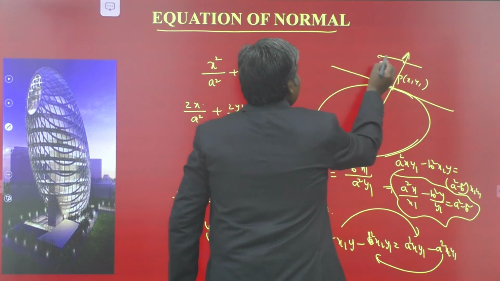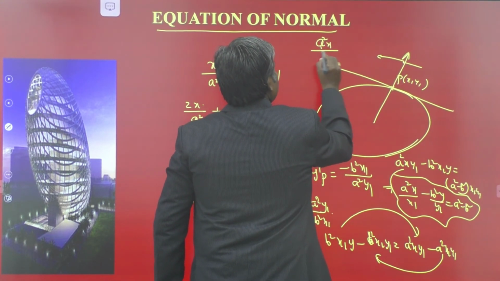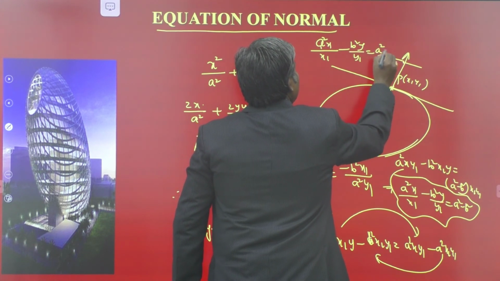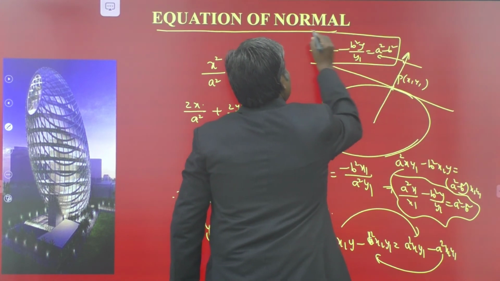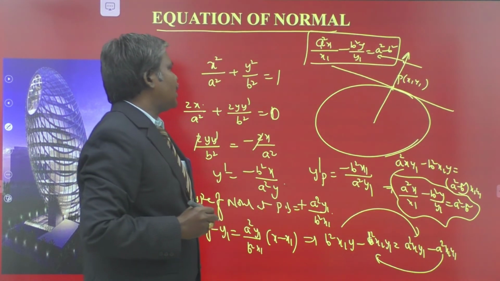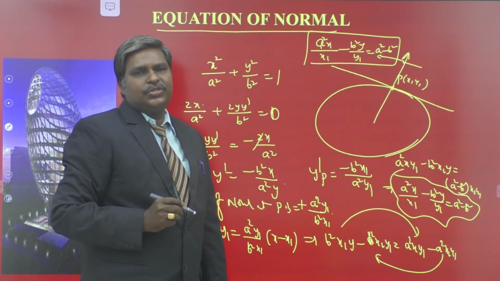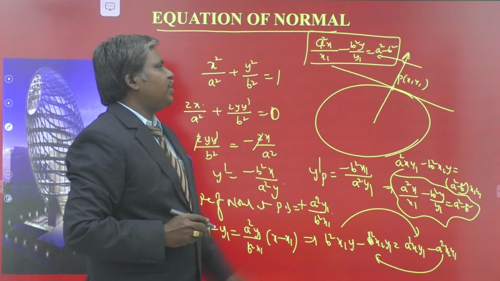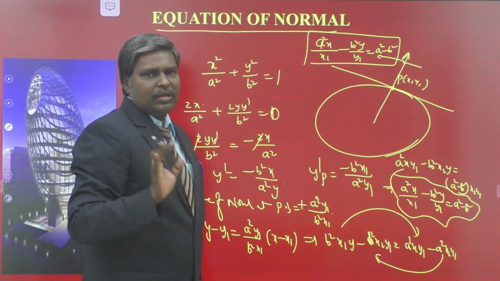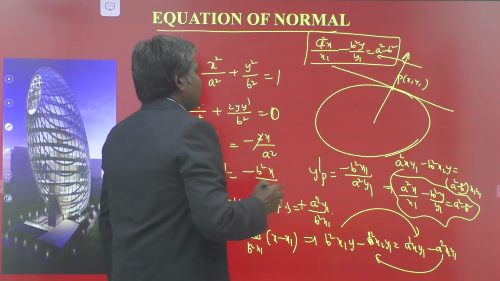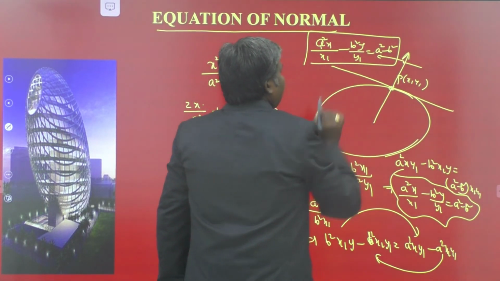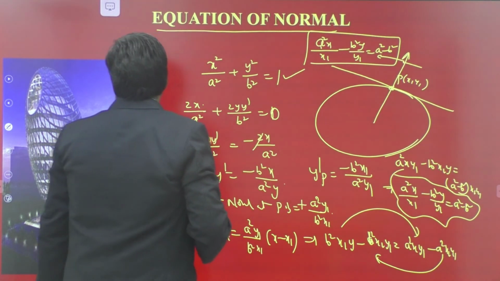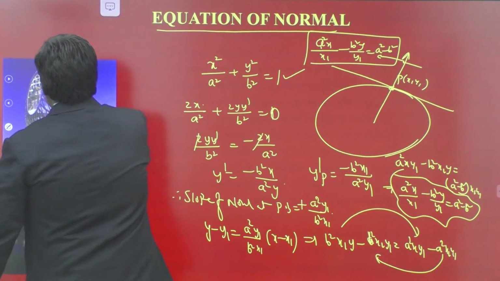This is the equation. What is that? A square x by x1 minus b square y by y1 is equal to a square minus b square. This is the equation of normal at x1 comma y1 to your ellipse. This is the equation of normal at point P(x1, y1) to the ellipse x square by a square plus y square by b square is equal to 1.